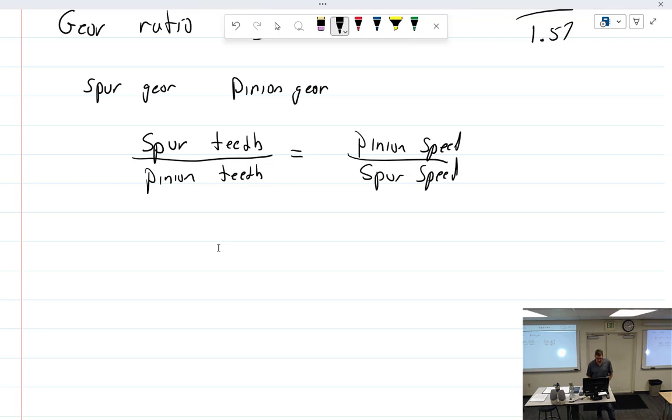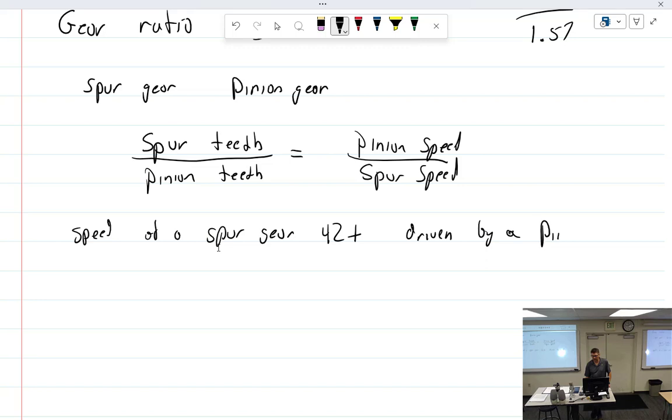So what is the speed of a spur gear with 42 teeth driven by a pinion gear with 14 teeth turning 420 RPM?